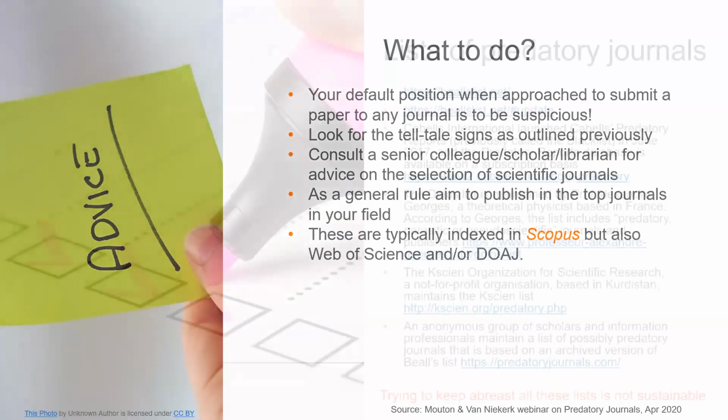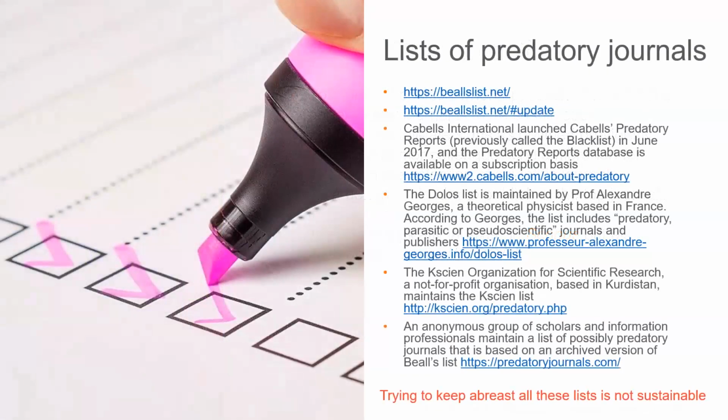So as I mentioned in the beginning, there is a dilemma in terms of using lists. Lists of predatory journals, I mean. There are numerous lists of predatory journals, and none of them can seem to keep up because it is such a big problem. There is the Beals list, there is Cabell's, which is a subscription, and I'm not saying these are not good lists, but the problem with these lists is that, let me show you in the next slide.